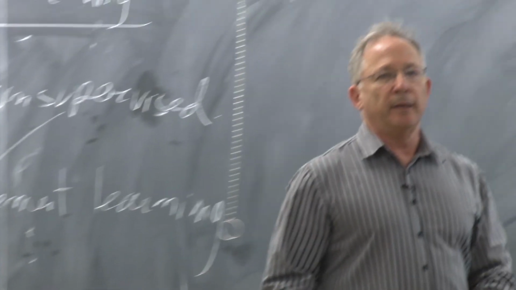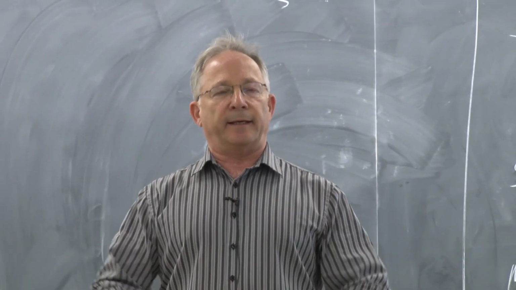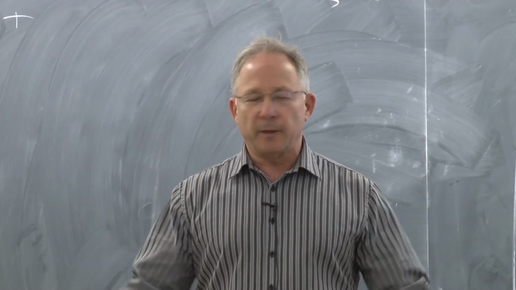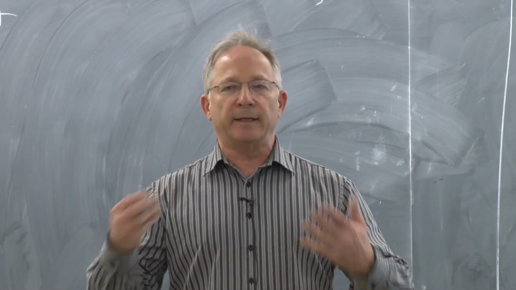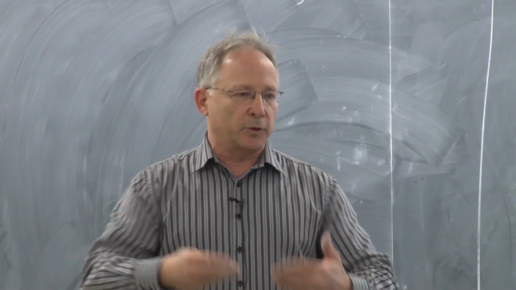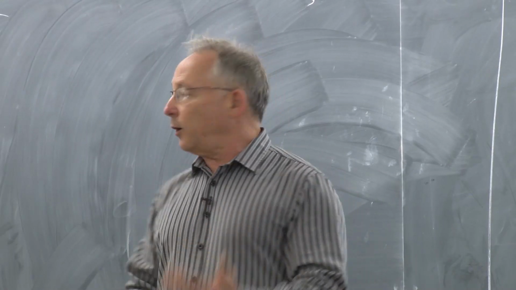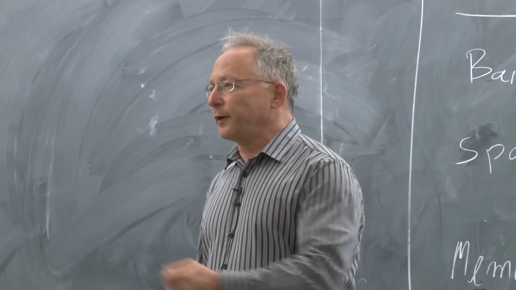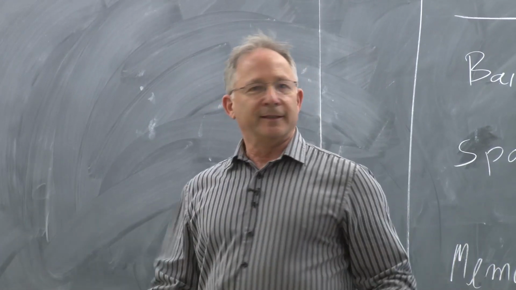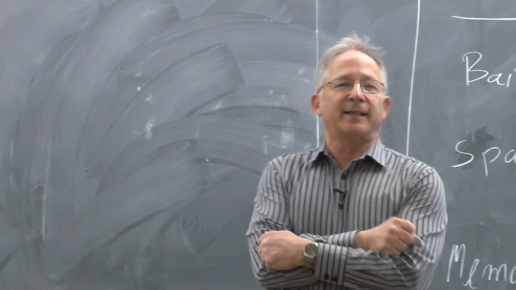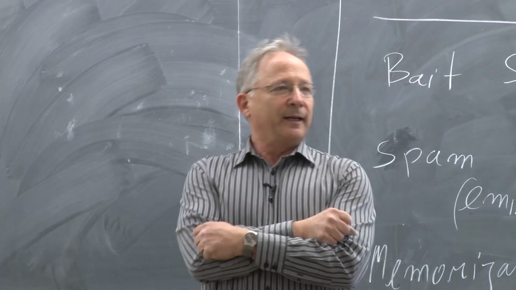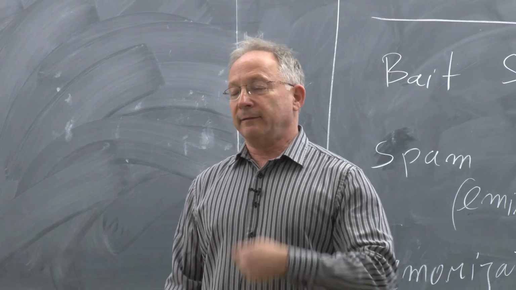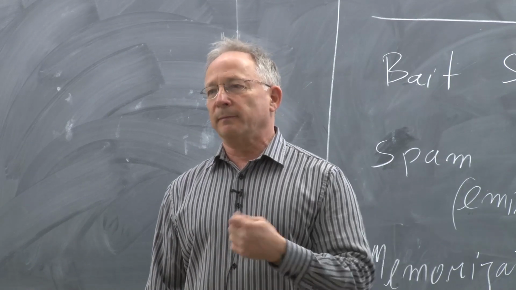In batch learning, you get all your training data in advance, and you can just chew on it, do whatever you want, and then you must come up with a conclusion. With online learning, you have to respond as you learn. So you come to a new environment, you have to start behaving. You don't have time to just sit on the side and watch people for a long time and learn how you should behave. You have to start behaving right away, and you make mistakes. You inevitably make mistakes.